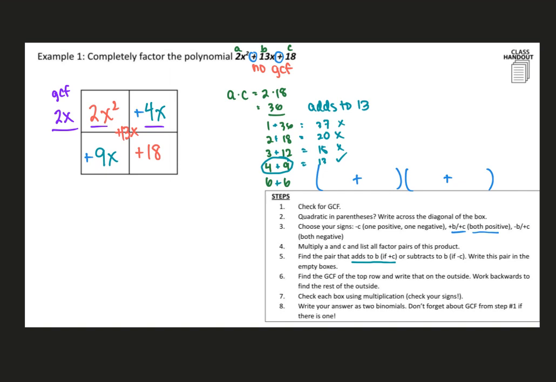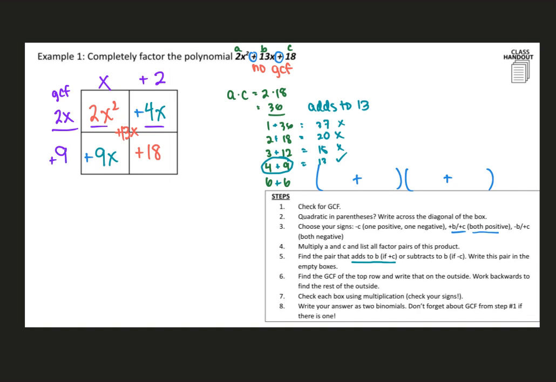And then we're going to work backwards to find the rest of it. So 2x times what will give me 2x squared? That means this has to be x. 2x times what will give me 4x? Well, 2 times 2 is 4, so this is going to be plus 2. And then we have x times what will give me 9x, so x times 9 is going to give me 9x.